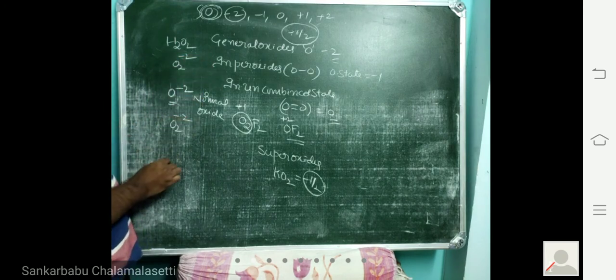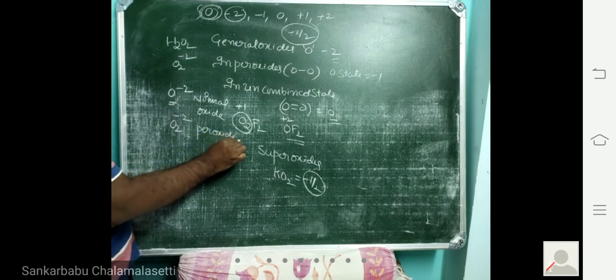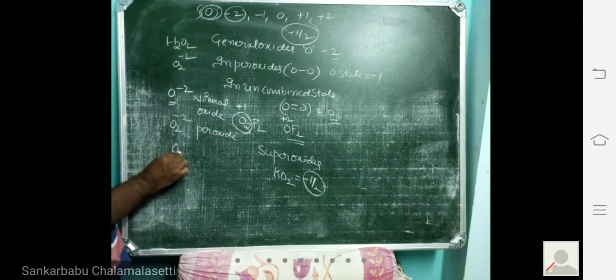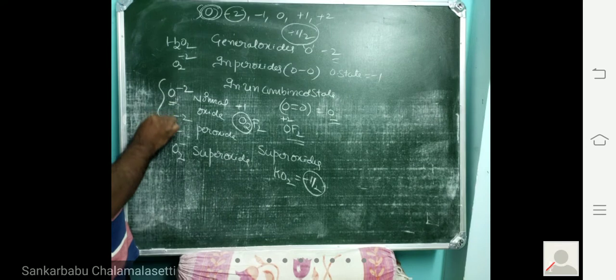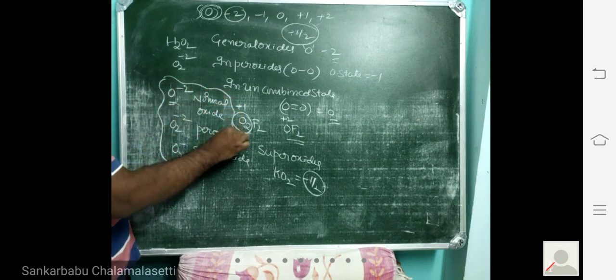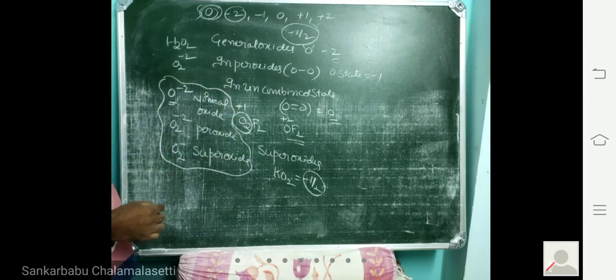So O2 2- is peroxide, and O2- is superoxide. So in this case, oxygen shows a variety of oxidation states from -2 to +2, including the fraction -1/2.